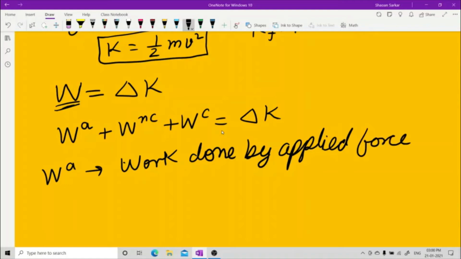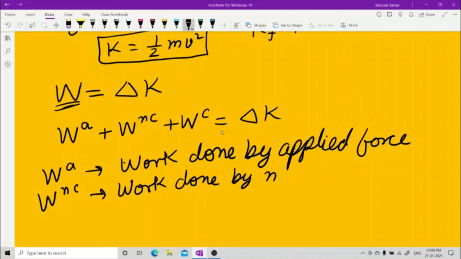Next, WNC is the work done by non-conservative forces, like for example friction, when the body is moving and the friction is acting in the opposite direction.